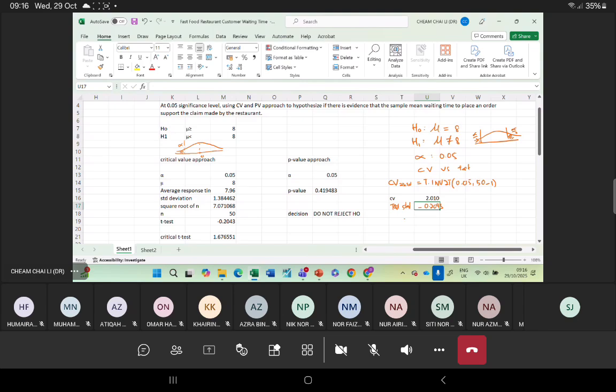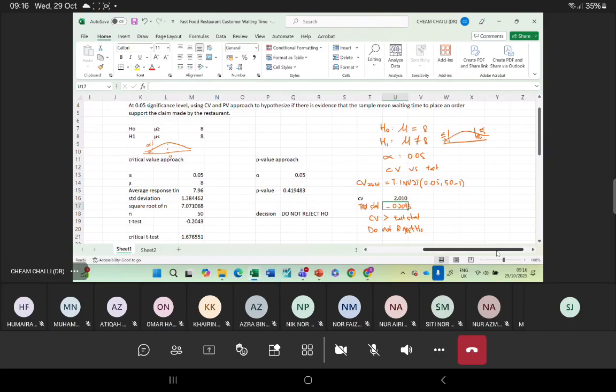So you compare these two, critical value is greater than the test statistic. Okay, so decision, do not reject H0. Yeah, do not reject H0. Okay, so this is when you have two tail.